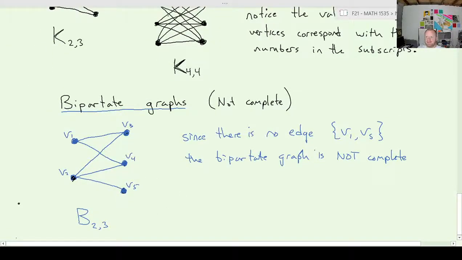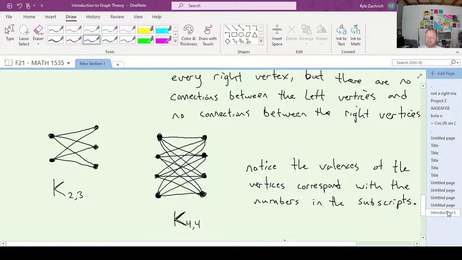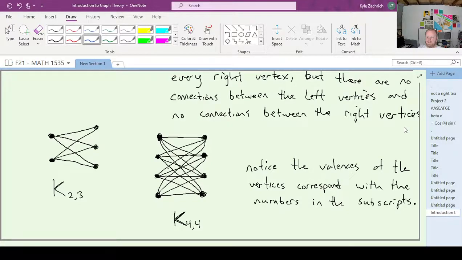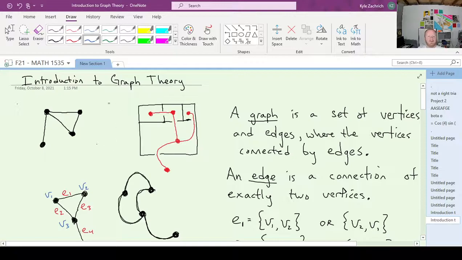This next type of graph that I want to show you is something that's called a, one second.